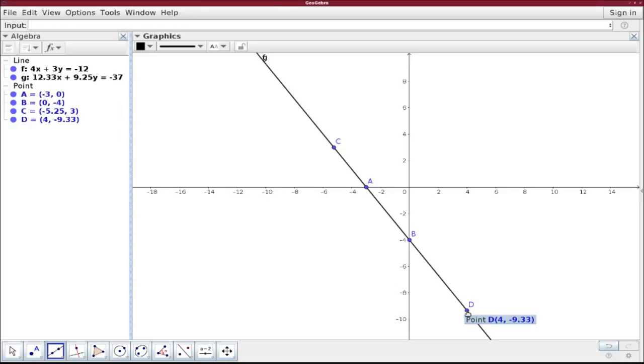Now that's an approximation for the fraction negative 28 over 3, but it's not the actual true value. And so, because the computer is not actually able to plot that true value, I get an approximation, and so the line which Geogebra calculates between those 2 points is not the right equation, simply because Geogebra wasn't able to plot the point that I chose.